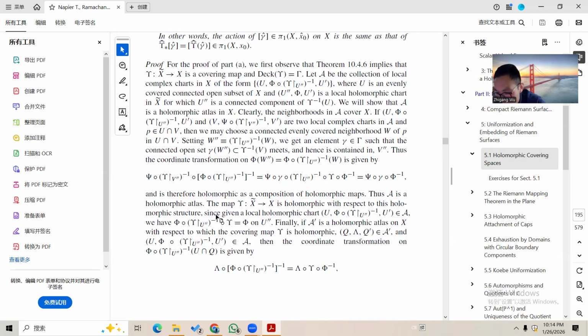Since given a local holomorphic chart in A, we have that phi composed with gamma restricted on U double prime, inverse, composed with gamma, is equal to phi on this U double prime.